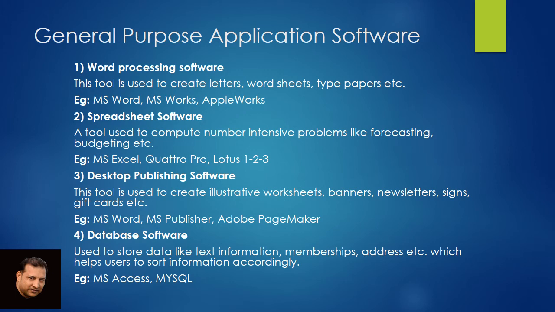This tool is used to create illustrative worksheets, banners, newsletters, signs, gift cards, etc. Database softwares. It is used to store data like text information, membership, address, etc., which helps users to sort information accordingly. For example, MS Access, MySQL, etc.